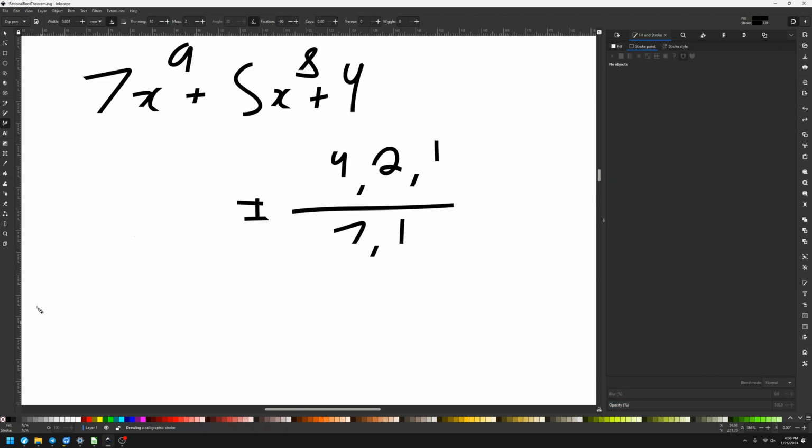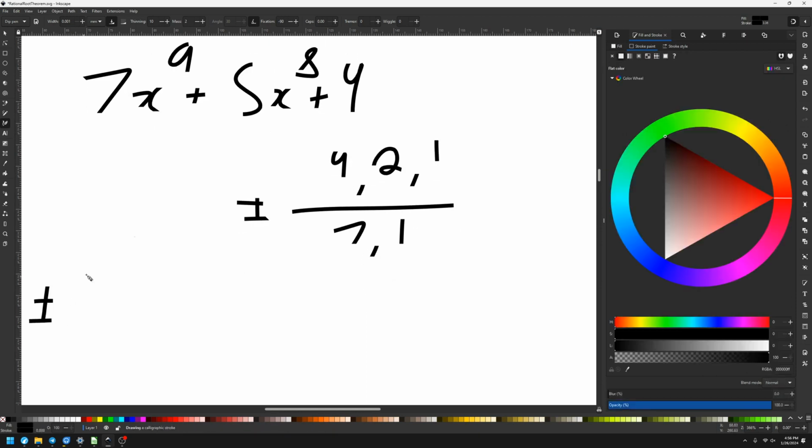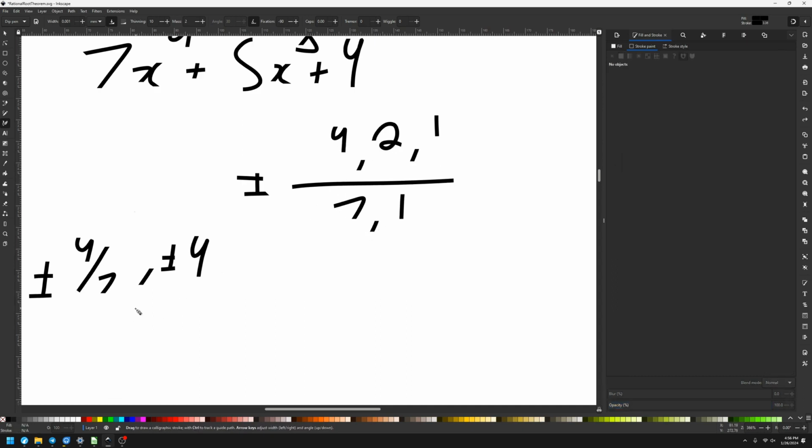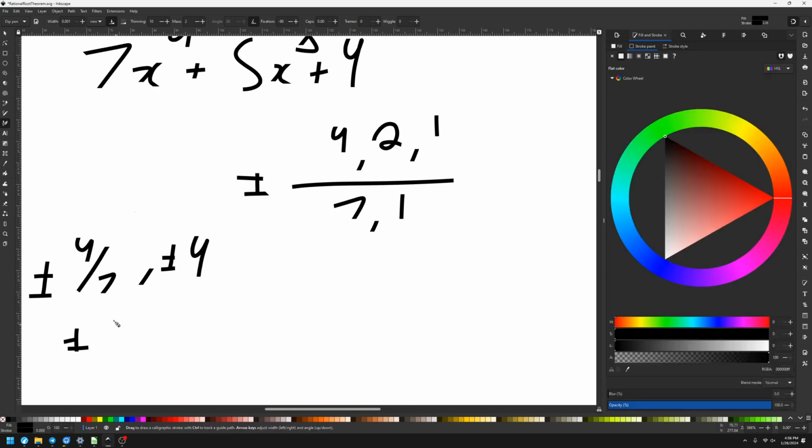So we're going to have plus or minus 4 over 7, plus or minus 4 over 1, which is just 4. Okay, now moving on to 2, since we covered the cases for 4, we're going to have plus or minus 2 over 7, plus or minus 2 over 1, which is 2.